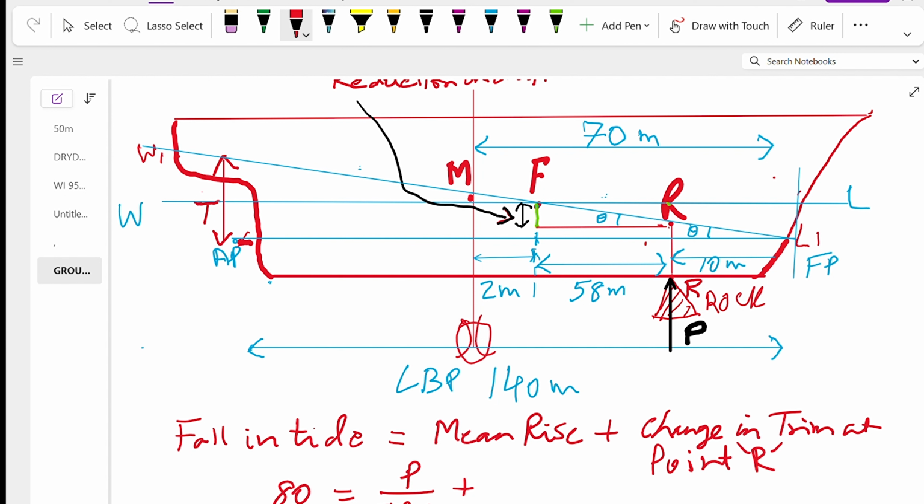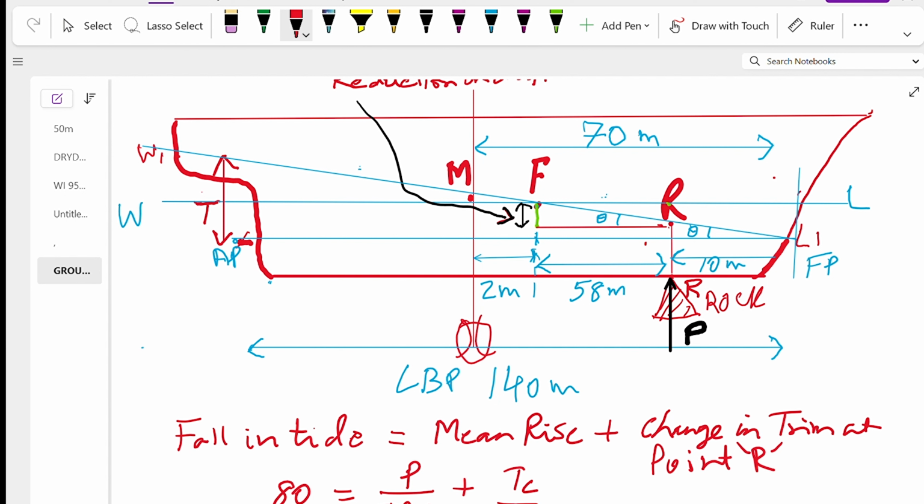So reduction due to trim will be change in the trim upon LBP. All the changes in draft take place in the same ratio. So the ratio is total change of trim, which is here T upon LBP, length between perpendiculars. In this same ratio, the drafts will change.